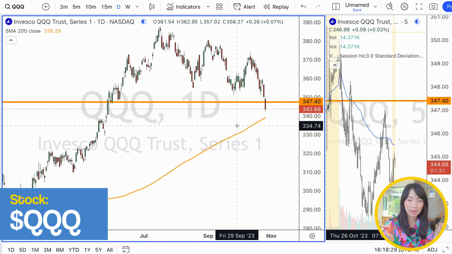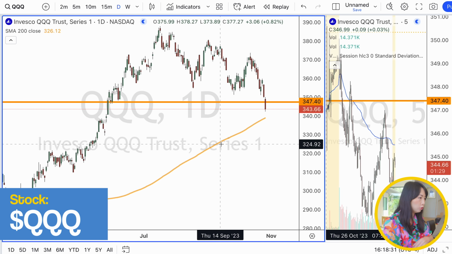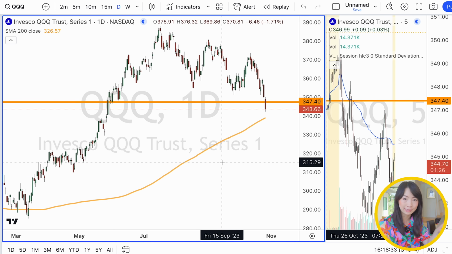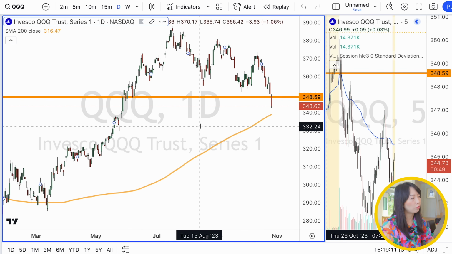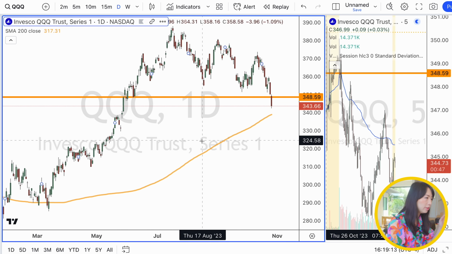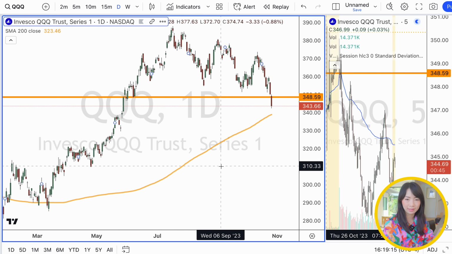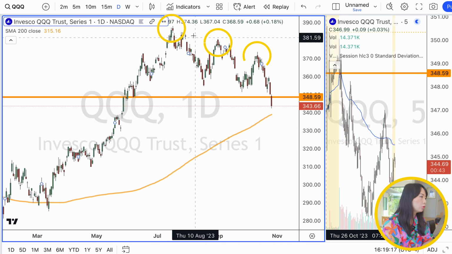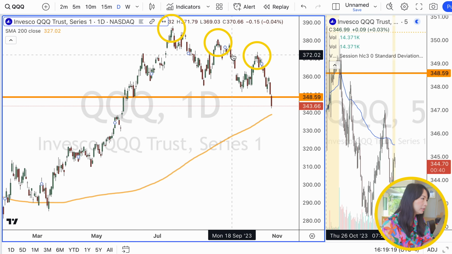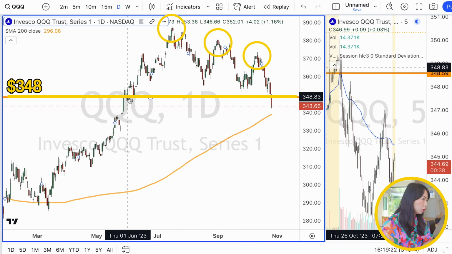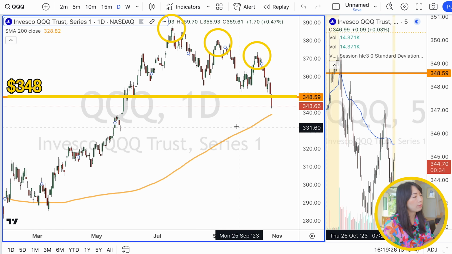Another market indicator I watch and follow is QQQ, which a lot of tech stocks tend to follow. On QQQ over here, you can see the daily chart is actually not as bad as SPY that we just saw. It is in a downtrend. You can see that we have lower highs on the daily, and we broke down this major support that we held in June of this year, this 348.